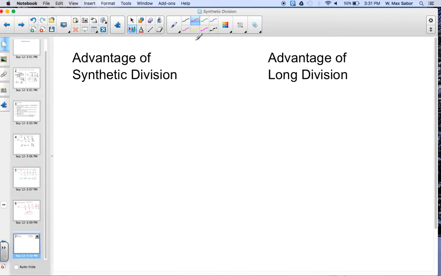So what is the reason that we would use one over the other? Well, synthetic division is clearly faster. I think you should agree with that. Long division is more methodical, but the real advantage is that it works every time.